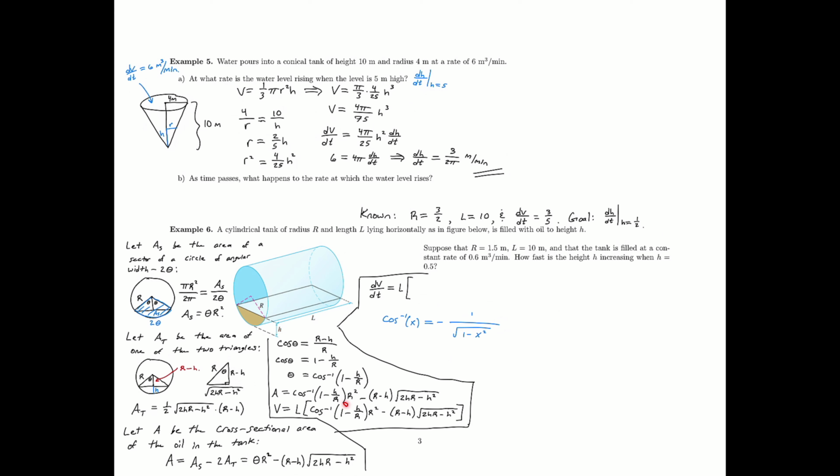So this will be negative 1 over the square root of 1 minus the entire inside, so 1 minus h over r quantity squared. But then we have to do the chain rule, multiply by the derivative of the inside, which is going to be negative 1 over r dh/dt.